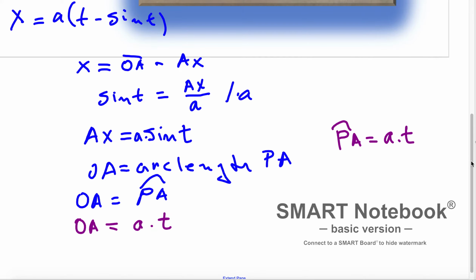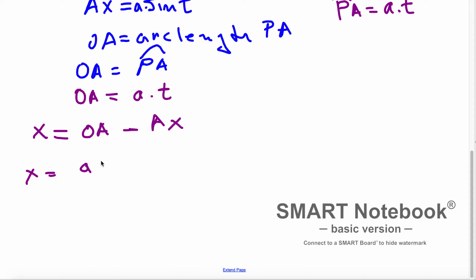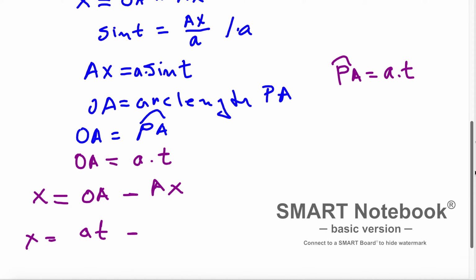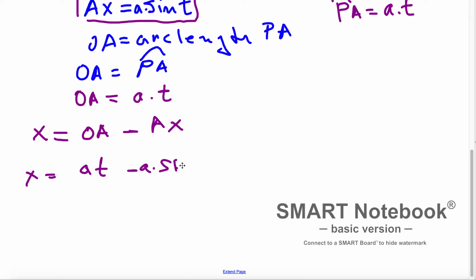Now looking at this equation, x is going to be equal to OA minus AX. OA we already know is a times t, minus AX, which is a times sine t.